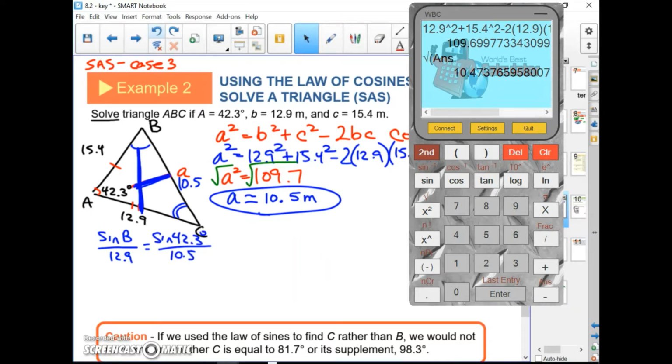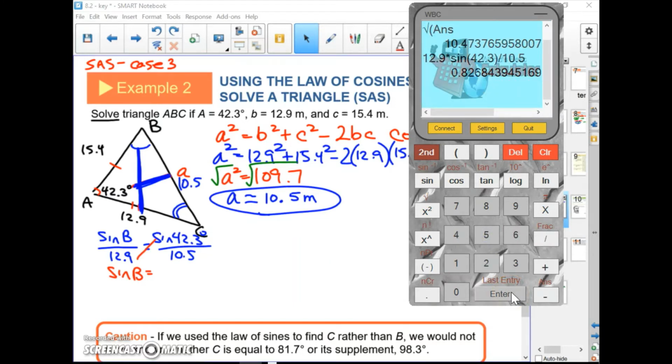So we had to go back and use the law of sines formula. We're going to do what we did in 8.1. Either think of it as cross multiplication or multiplying both sides by 12.9, but we're trying to isolate B. We would have sine B equals 12.9 times sine 42.3 divided by 10.5.